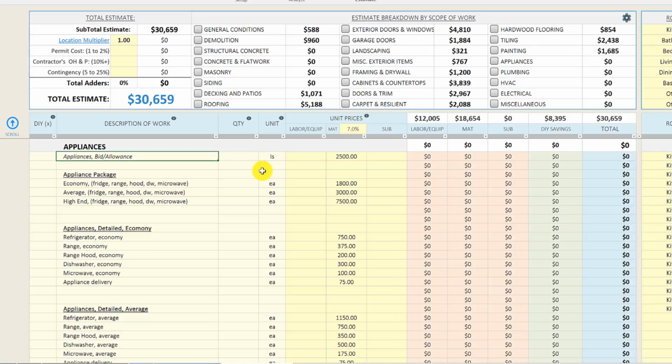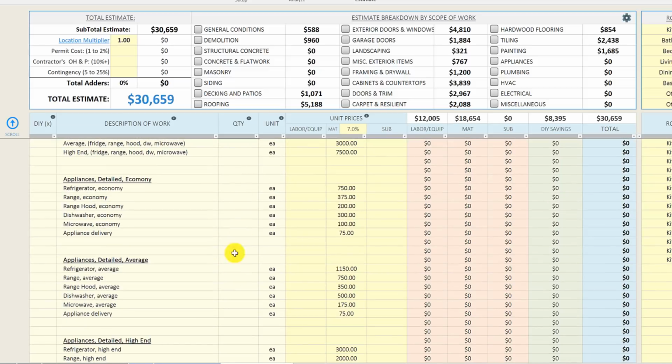And then the appliances. We are going to be installing new appliances in the property. You can see we've got a list of different options here. We've got appliance packages, which include the fridge, the range, maybe a microwave hood, dishwasher, stuff like that. Or you can go through and do a detailed breakdown of the appliances down here.